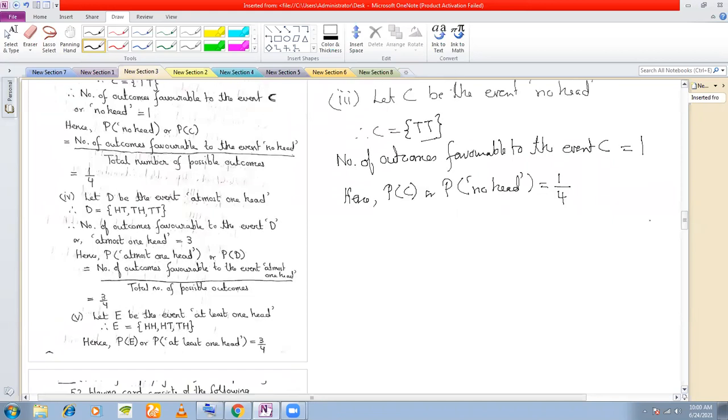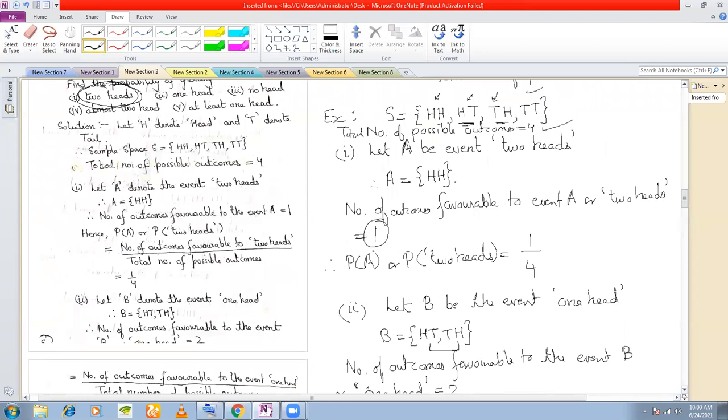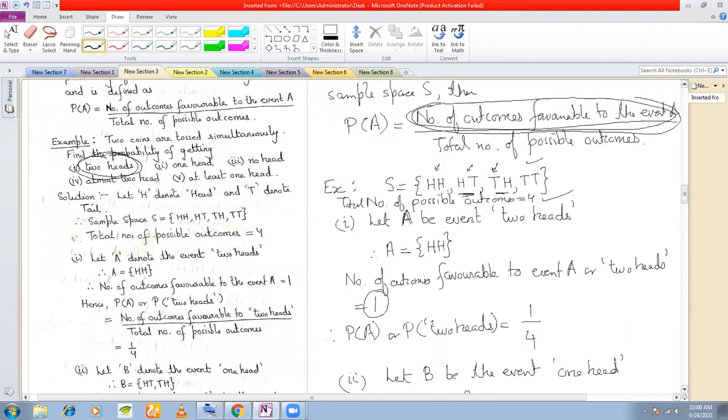Similarly, for the next one, you can call this event D. Now, what is the event D here? D here is at most one head, right? At most one head means, look at the sample space. What do you mean by at most one head? Either no head or one head at the most, right? So no head means this is the event.